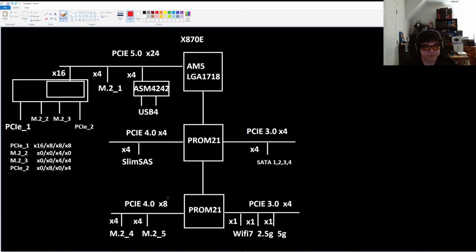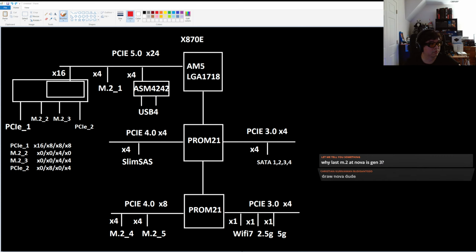All right. But I think the concept is pretty clear now what the GPU lane sharing is all about. We can probably look at some of the block diagrams now just to illustrate this point once more on some of these. Let me find the manual for the Taichi.